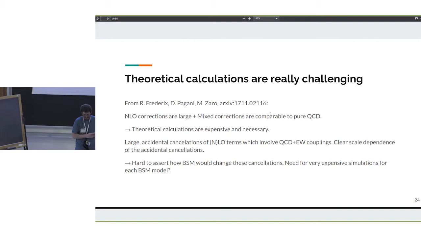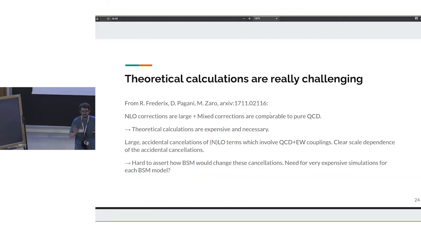And there are a lot of accidental cancellations, and there is a clear dependence on these cancellations, so it's hard to assess if we want to incorporate some proposed new degrees of freedom. It's hard to assess how these beyond the standard model degrees of freedom could change the cancellations, and so we could need these very expensive simulations for every proposed new signal model.